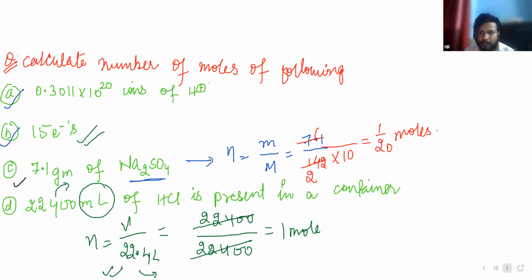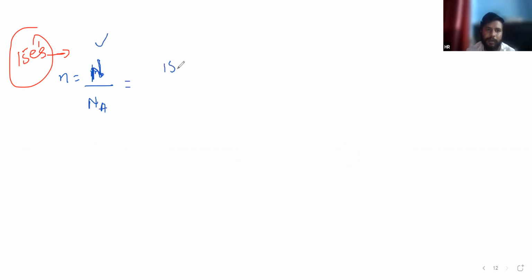Oh, just see, 15 electrons, what it represents is number 15 electrons. That means number of moles is equal to given number of particle upon Avogadro number. Given number of particle is 15, and Avogadro number is 6.022 into 10 raised to the power 23.